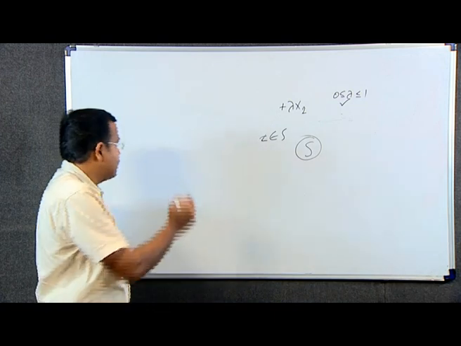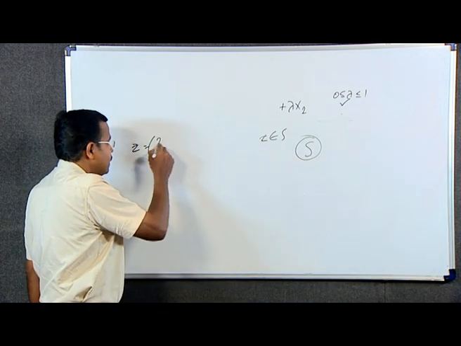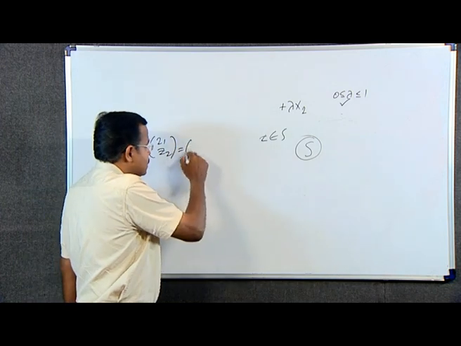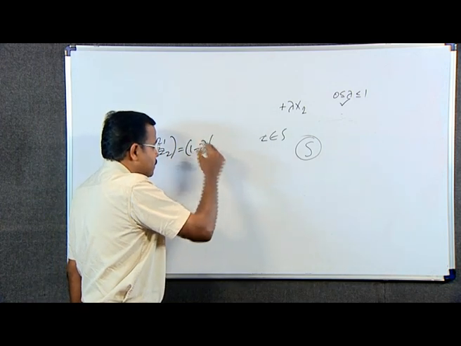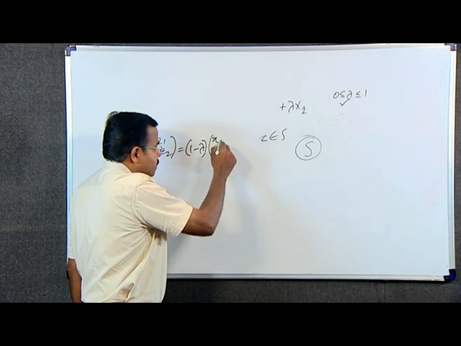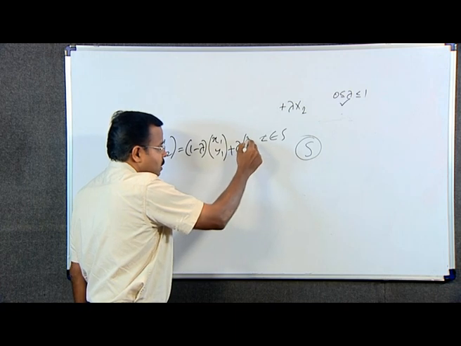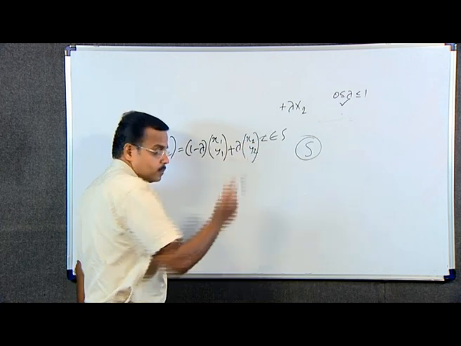So here z, which we can write as (z1, z2), is equal to (1 minus lambda) times x1, the ordered pair (x1, y1), plus lambda times x2, the ordered pair (x2, y2).